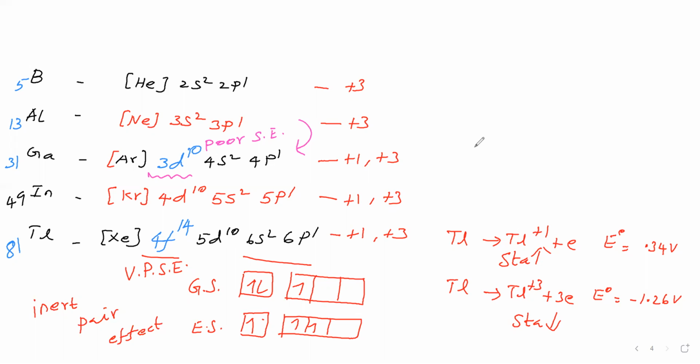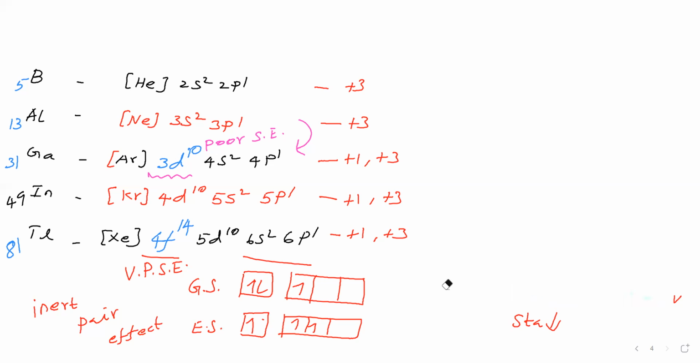Okay. So regarding thallium, we got an idea. What about in the case of indium? Indium shows which oxidation numbers? +1 and +3. What about their stability? That we'll see.